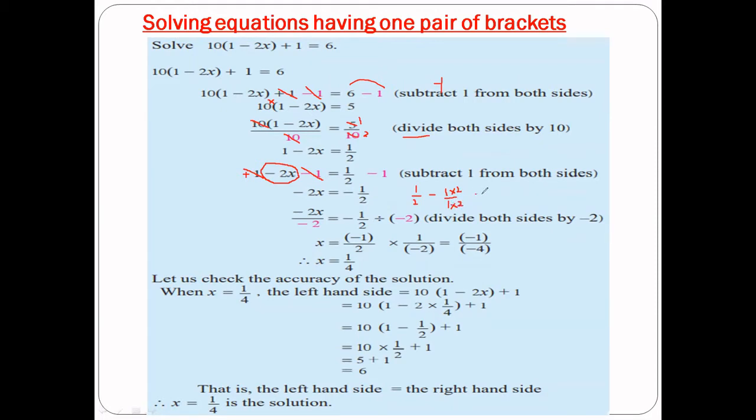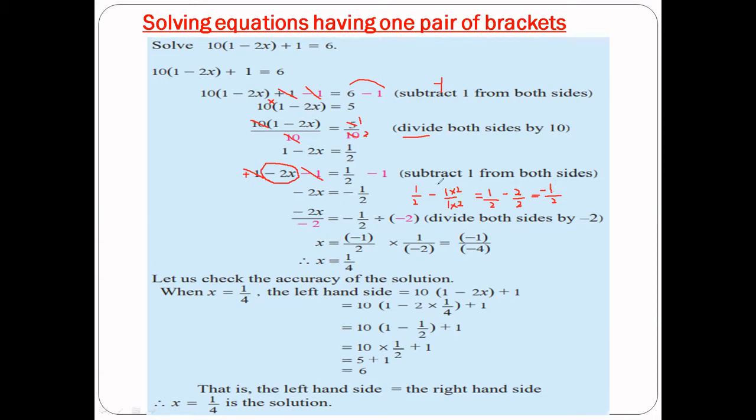So you can write that as half minus 2 over 2 equals 1 minus 2, which is minus 1.